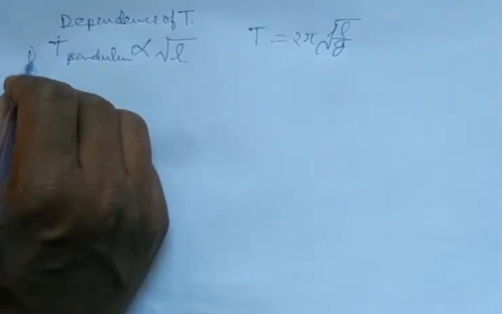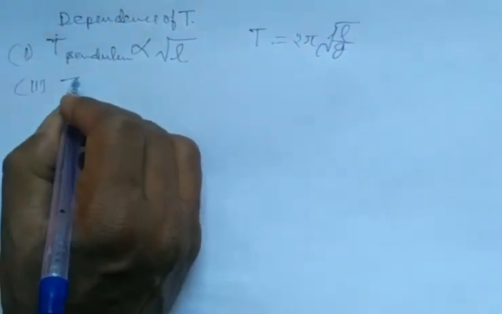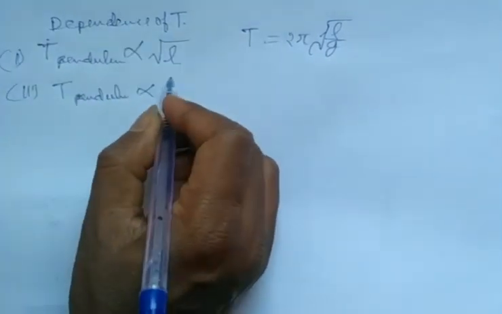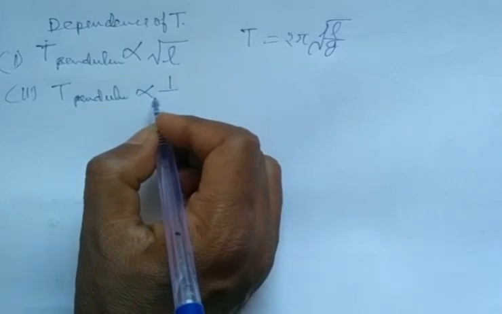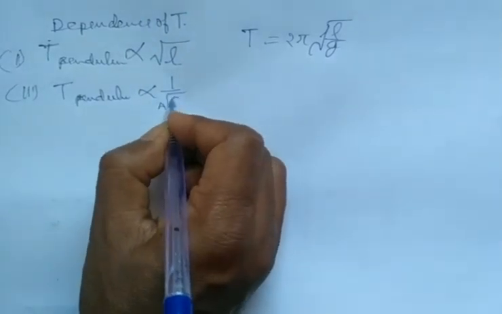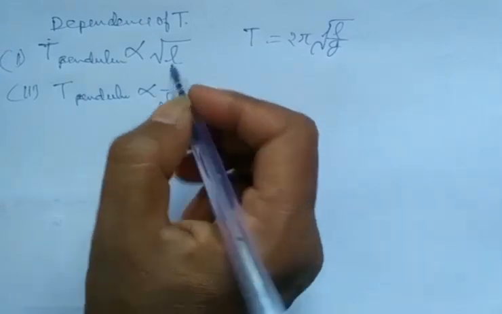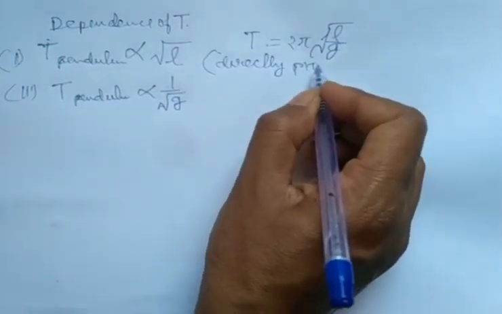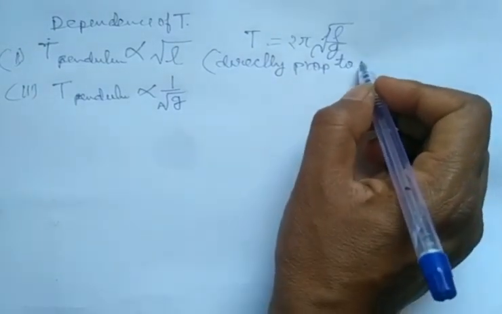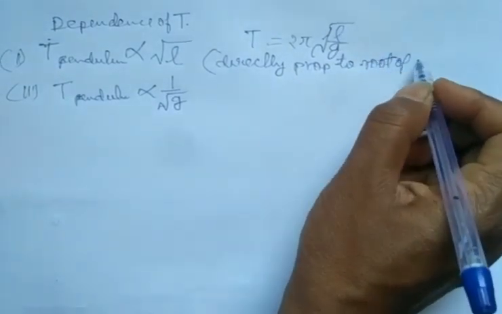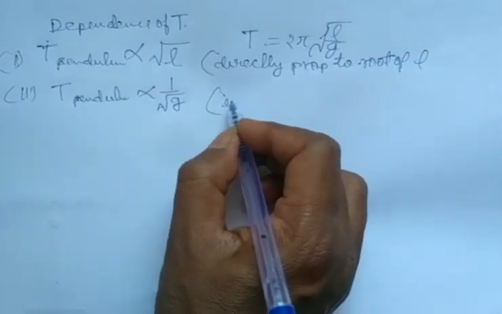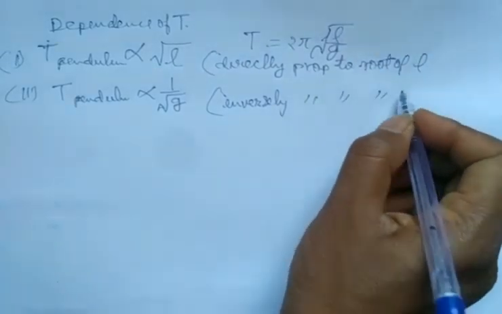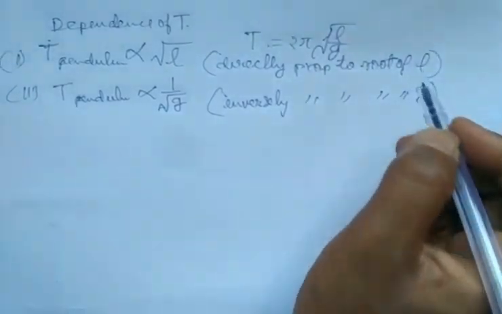Second thing, the time period T of a pendulum is inversely proportional to root of G. Inversely means 1 upon. So directly proportional to root of L, and inversely proportional to root of G. That's it.